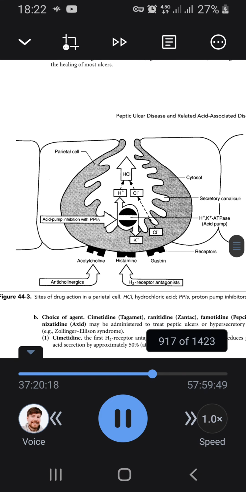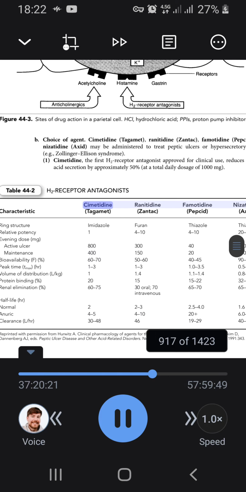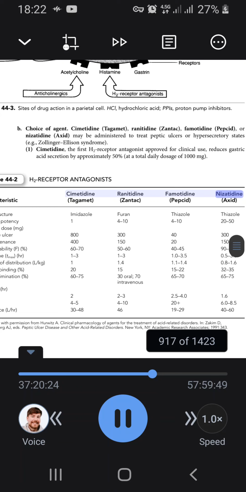Table 44-2. H2 receptor antagonists. Cimetidine, ranitidine, famotidine, nizatidine.